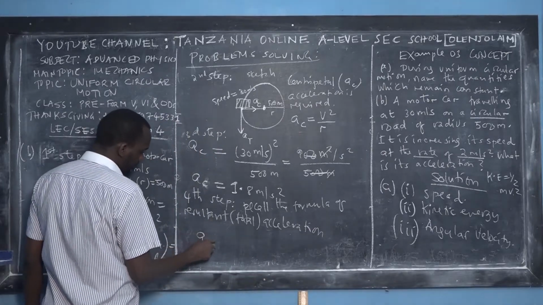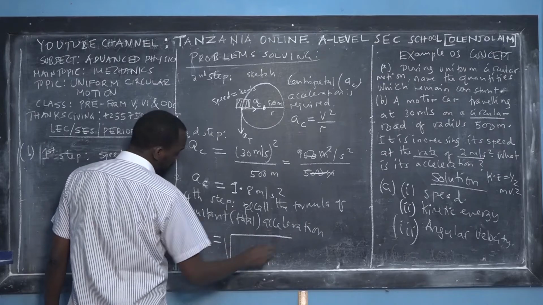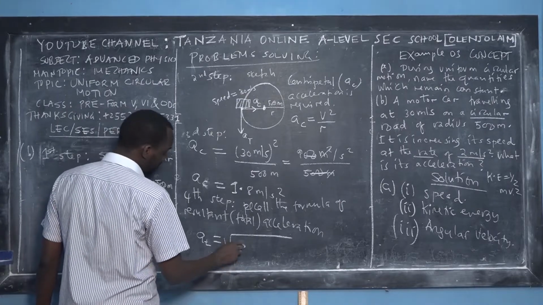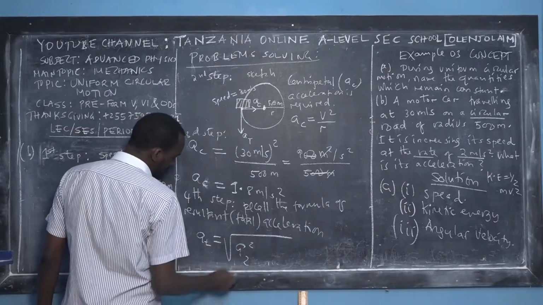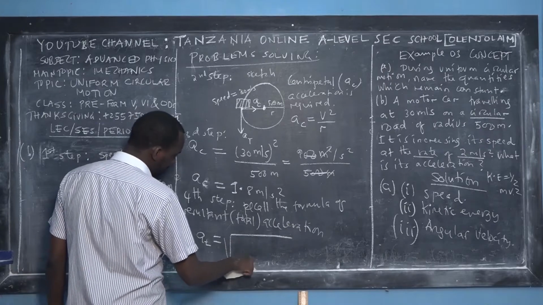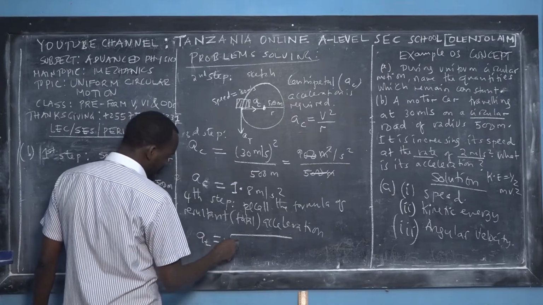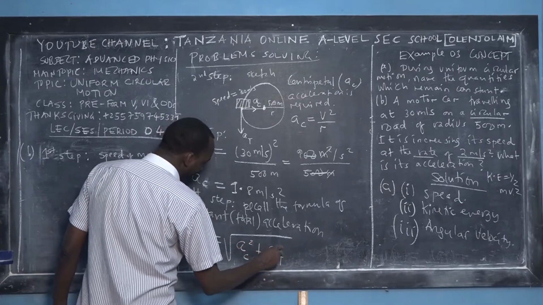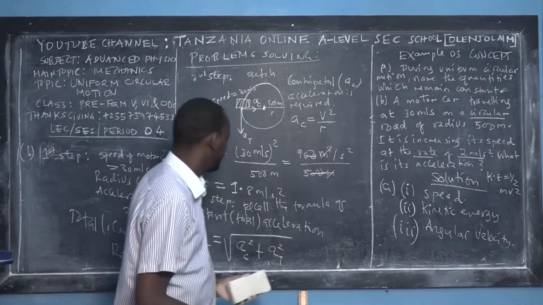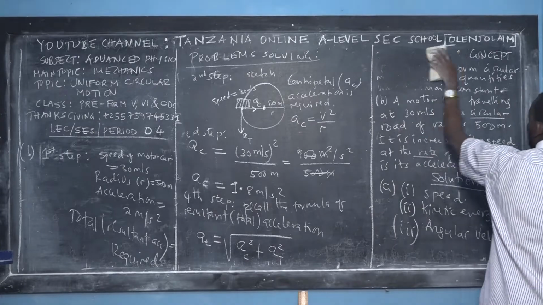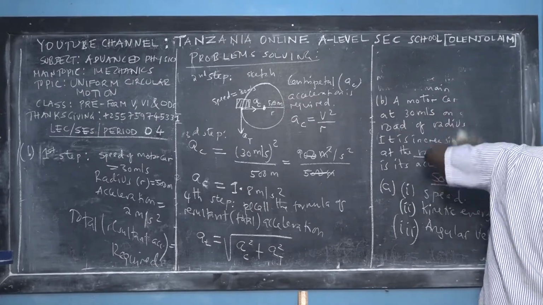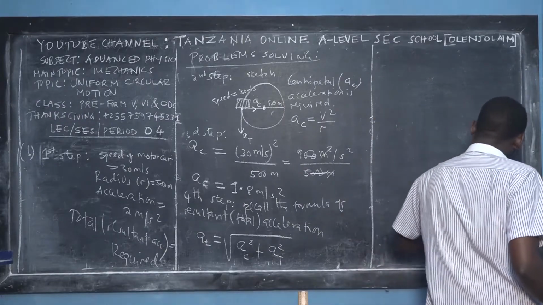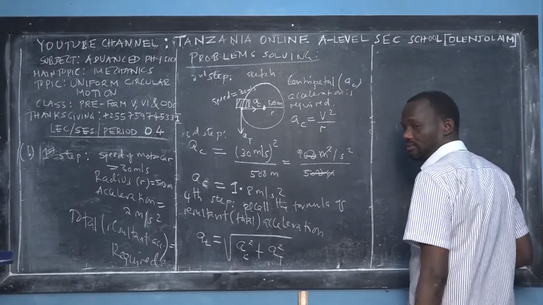This is a subscript of t. I told you in lecture 3 that it is equal to the square root of the centripetal acceleration squared plus the tangential acceleration squared.